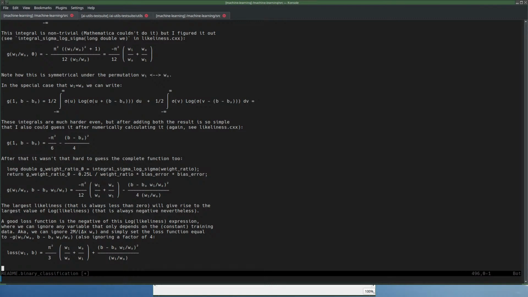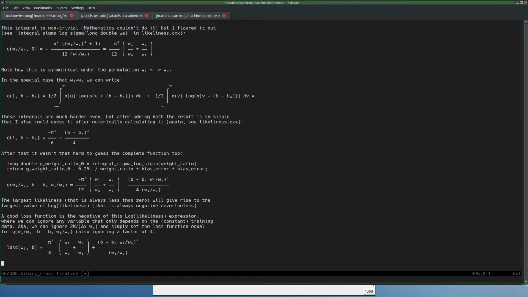For sure, though, the derivative is going to be only 0 when W1 equals WA and B equals BA. So let's maybe, yeah, it's partial derivatives. So I mean, it's two. We have two variables, so I just have to work with two partial derivatives, right?